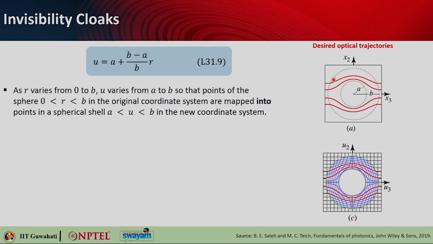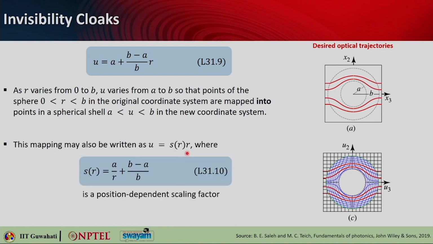So the entire system including this thing is mapped onto this shell now. This mapping can also be written as u equals s(r) times r, where s(r) is basically a over r plus (b minus a) over b. So you are just bringing r in the denominator.